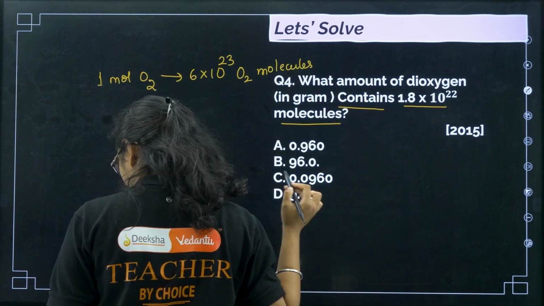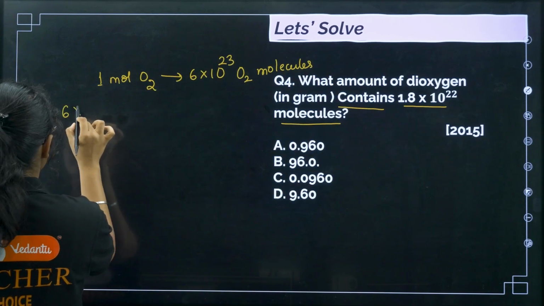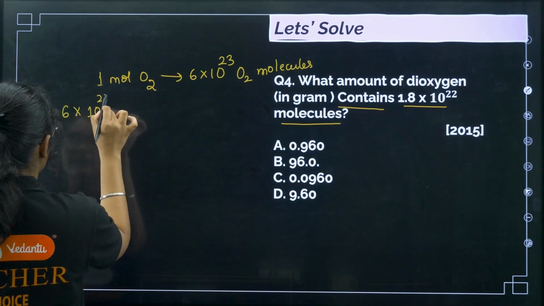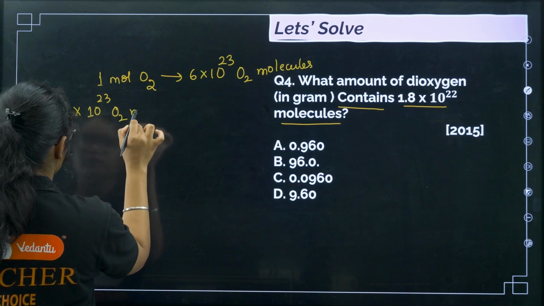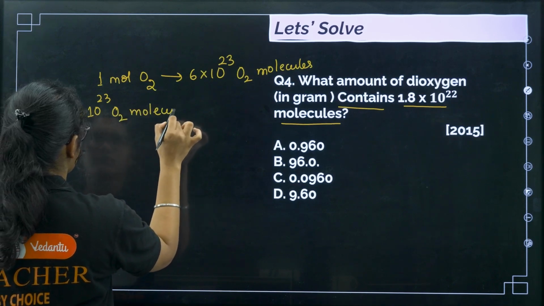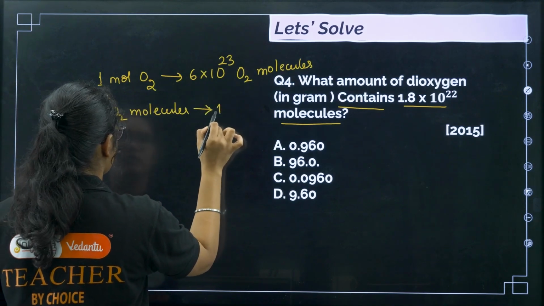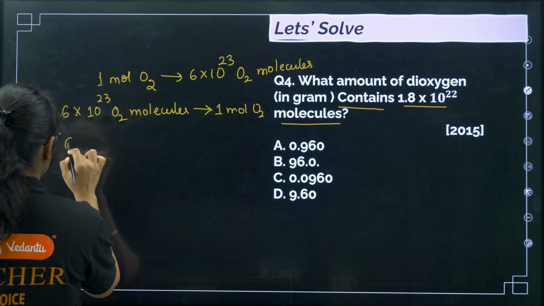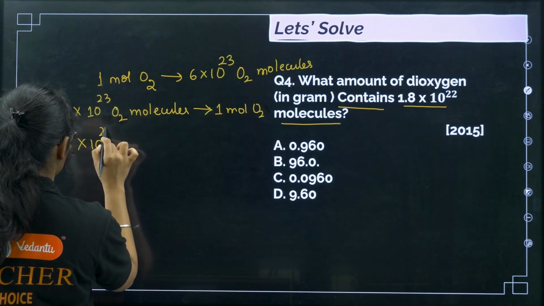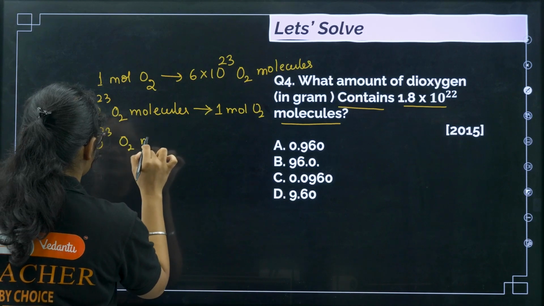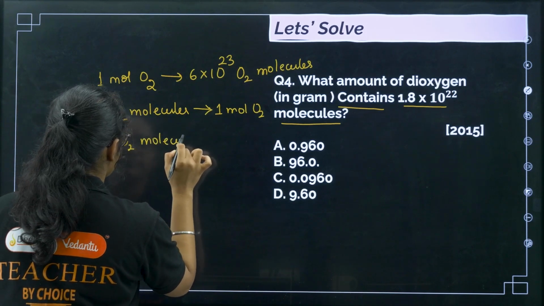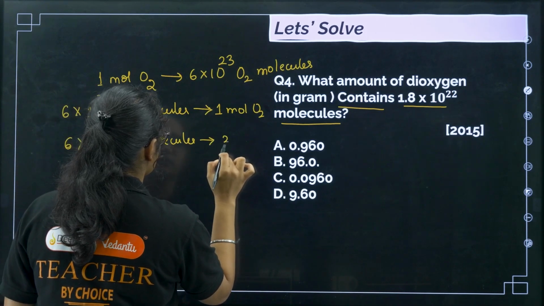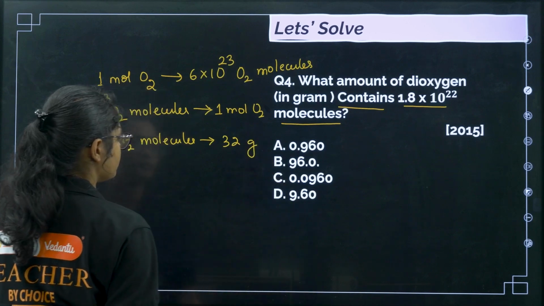Or I can say in the reverse way also, 6 into 10 to the power of 23 oxygen molecules is present in 1 mole of O2, or 6 into 10 to the power of 23 oxygen molecules is present in 32 grams of O2, right.